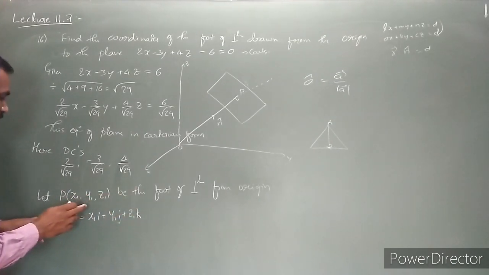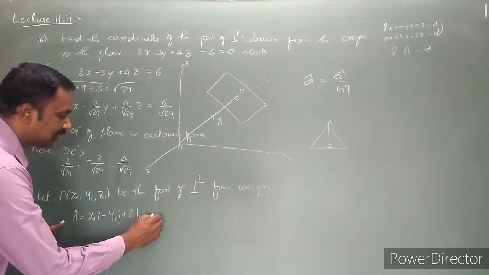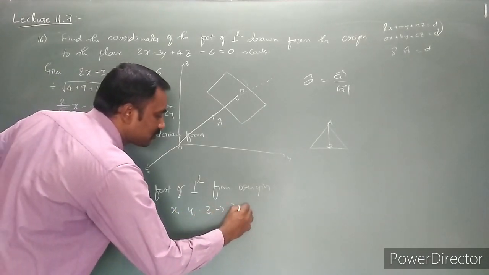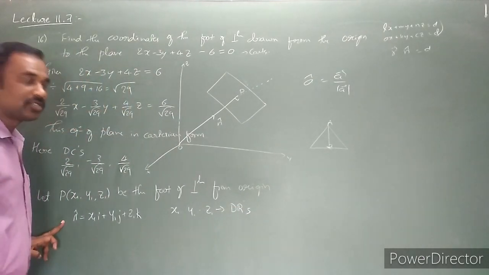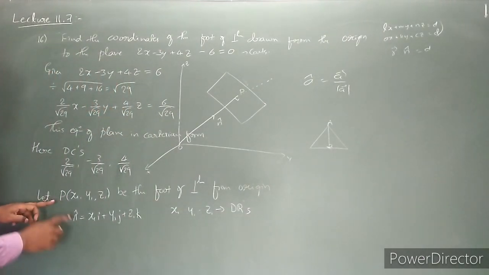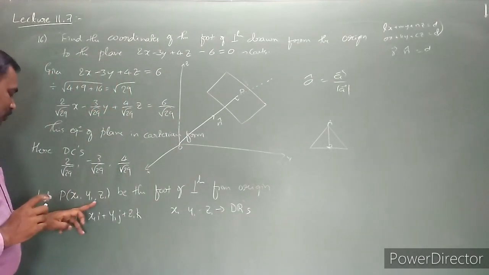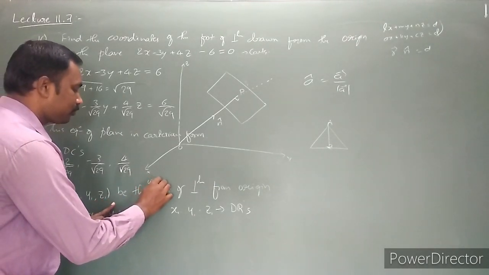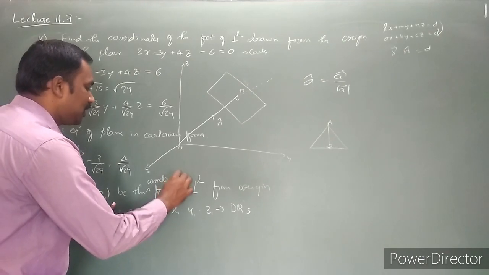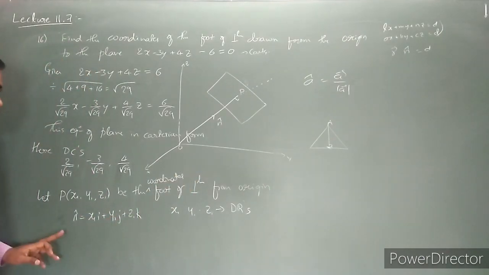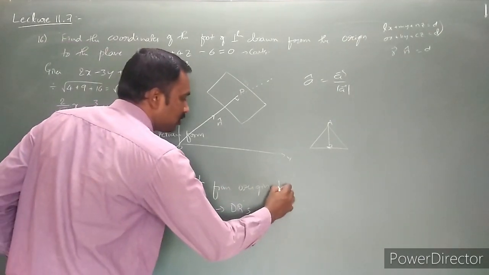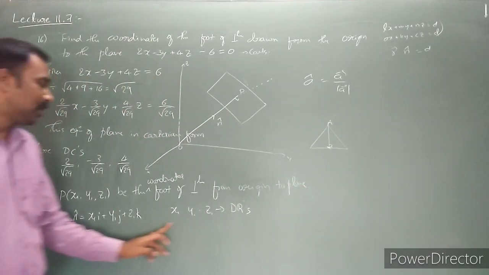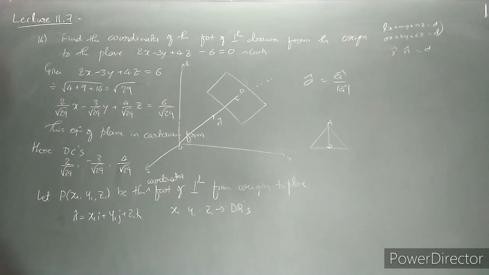Here I just change a small thing: x1, y1, z1 become the direction ratios of the unit vector. So P of x1, y1, z1 are the coordinates of the foot of the perpendicular from the origin to the plane, and x1, y1, z1 are the direction ratios of the line.